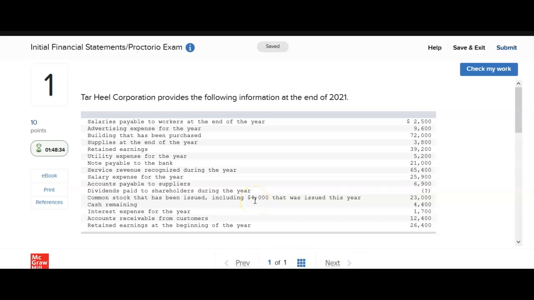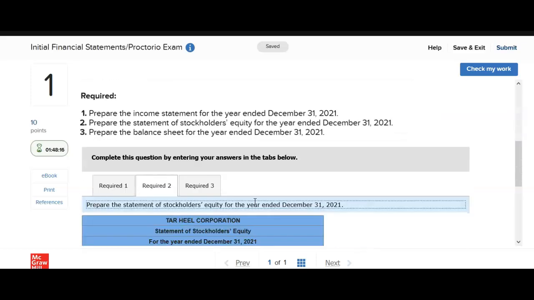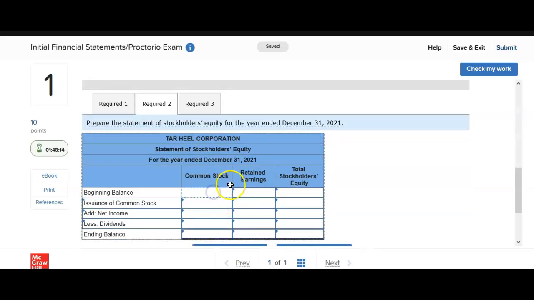That means they must have started out with $19,000. So we're going to take 19,000, add 4 to get the 23. So again, it's the ending balance in common stock minus the stock they issued during this year only. That's $19,000. Let's drop $19,000 right here.